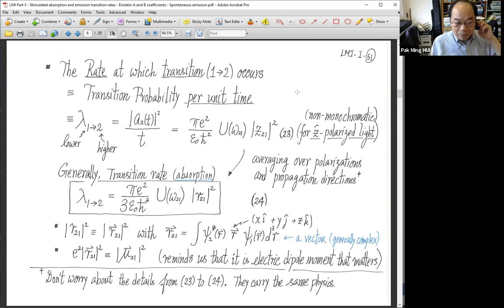So last time we derived, using the time-dependent perturbation theory, this equation highlighted on this page. This is absorption from a state 1, which is lower in energy, to a state 2.